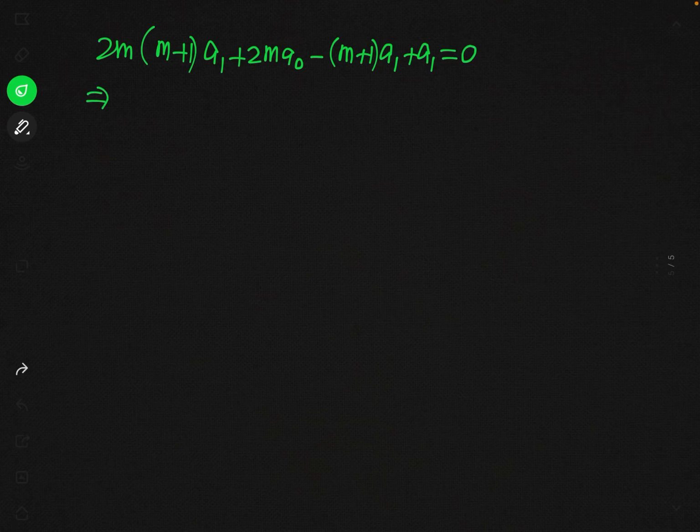Now simplify this LHS to some extent. You can see that 2m into m will be 2m square, and here also is in fact a1. So we will combine these two terms containing the coefficient a1.